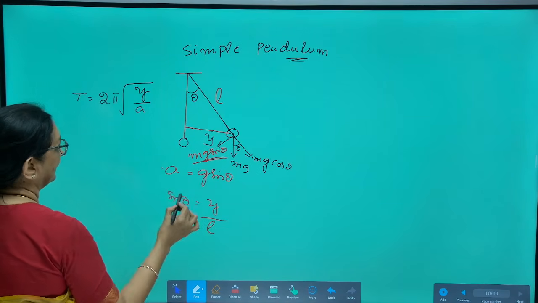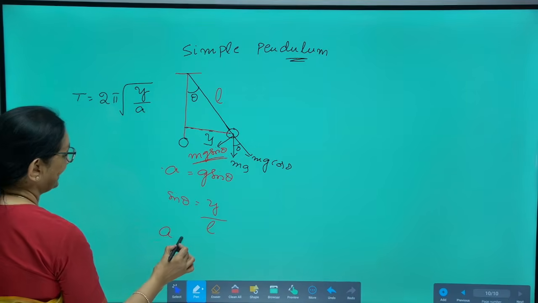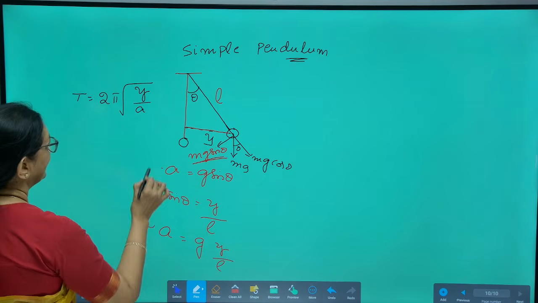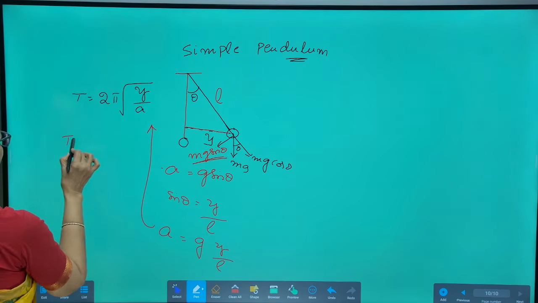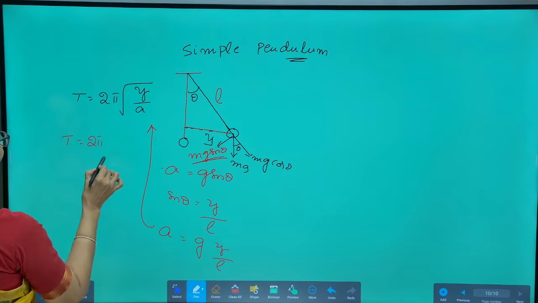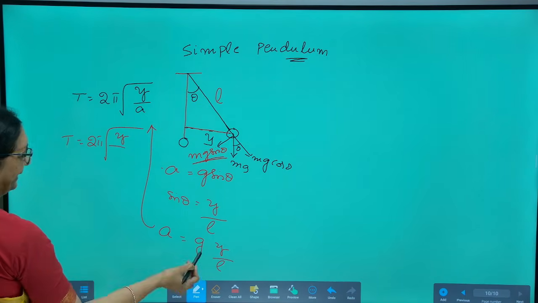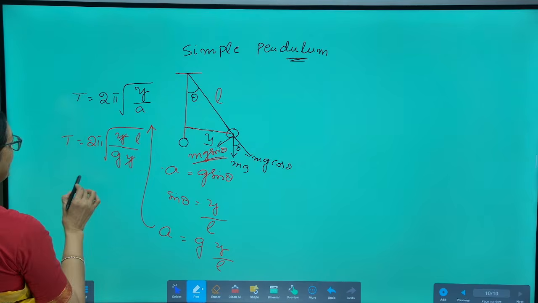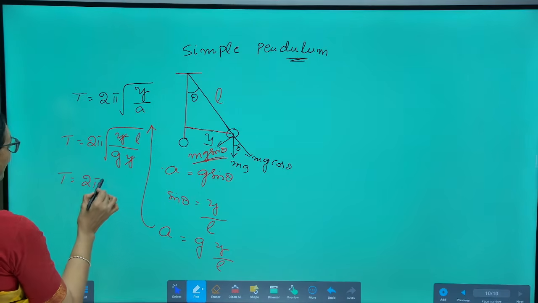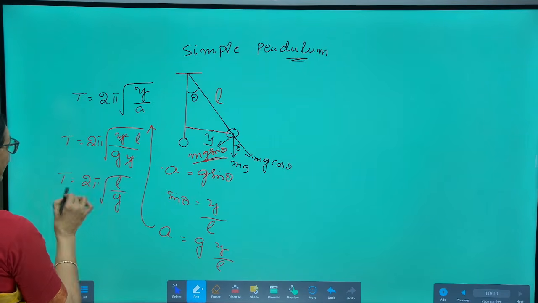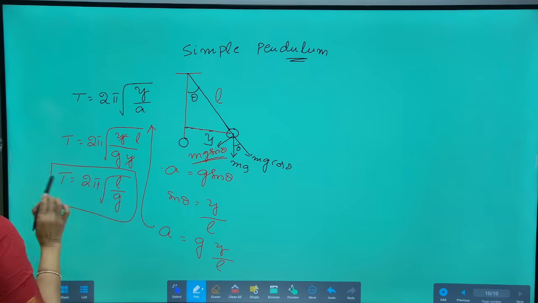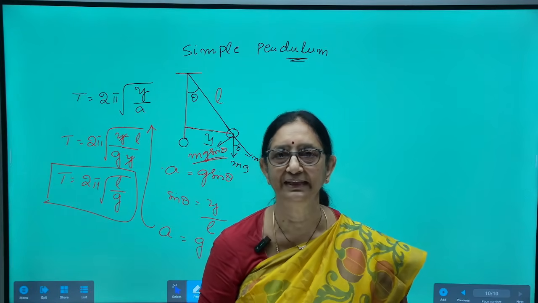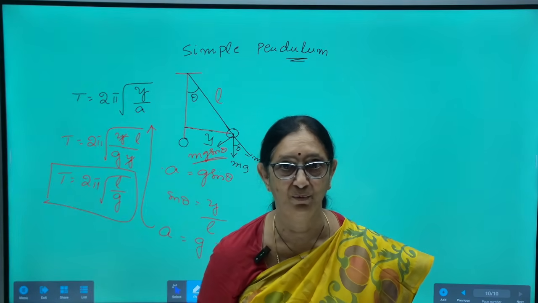Substituting this, acceleration will be equal to g into y by L. So, just substitute over there. Time period of oscillation is 2 pi square root of y by a, which is g y by L. So, T is equal to 2 pi square root of L by g.